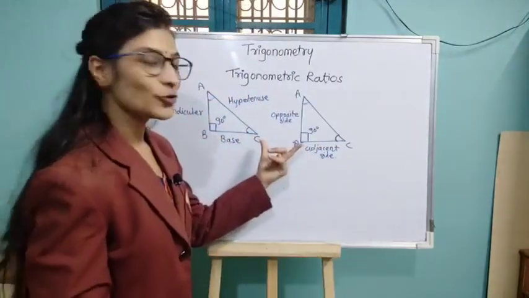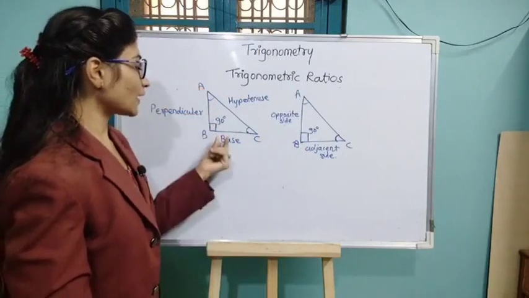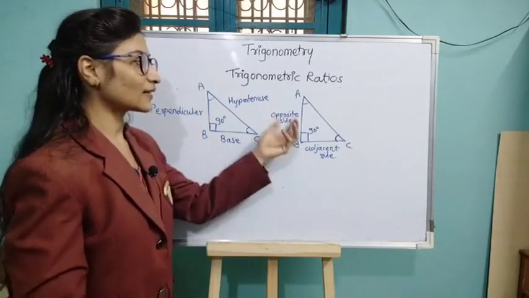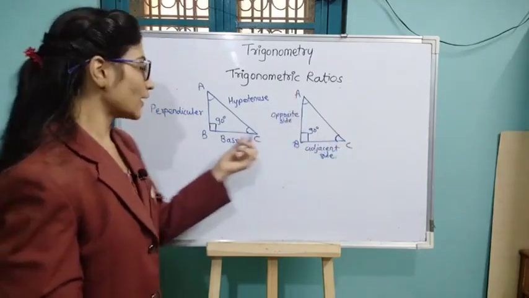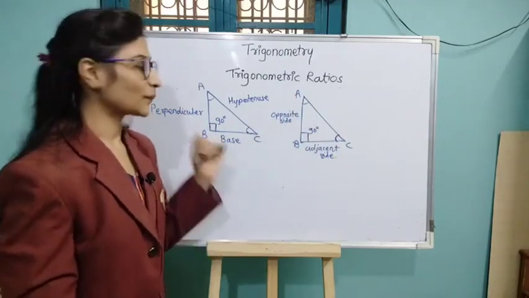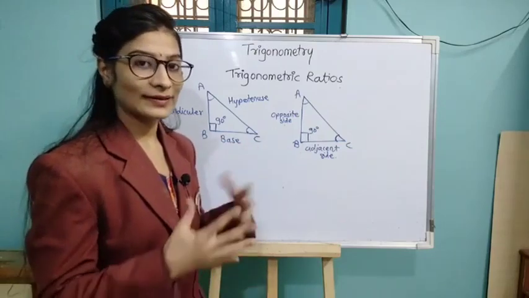Here I have given two right angle triangles. In the first right angle triangle you can see triangle ABC, and the second right angle triangle is also triangle ABC. Here in both triangles angle B measures 90 degrees. Now why have I given two triangles here?